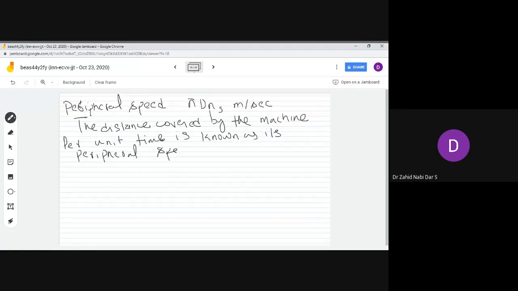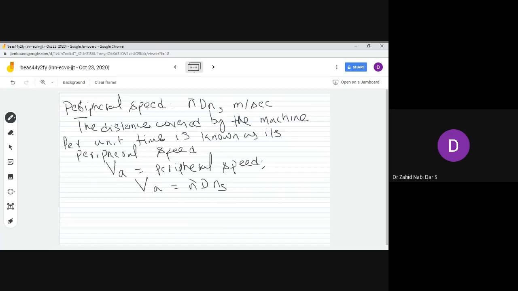So this is essentially the peripheral speed. And now we can see that the peripheral speed can be expressed like Va. So let this be your peripheral speed. So you can write Va is equal to pi D ns, which earlier also I have shown you, where D is the diameter of the machine and ns is the synchronous speed in rps.